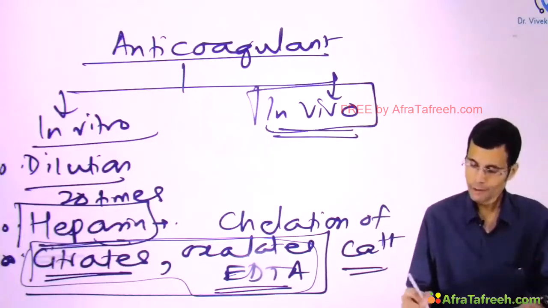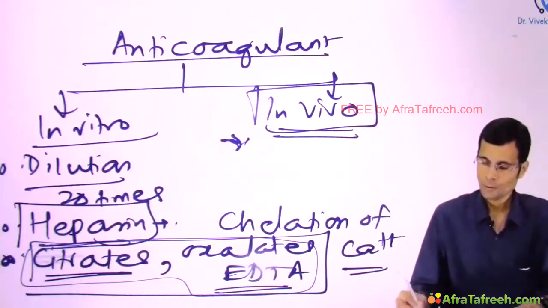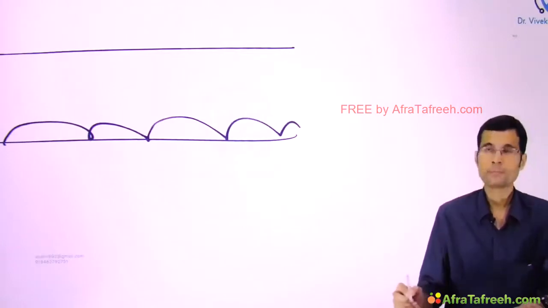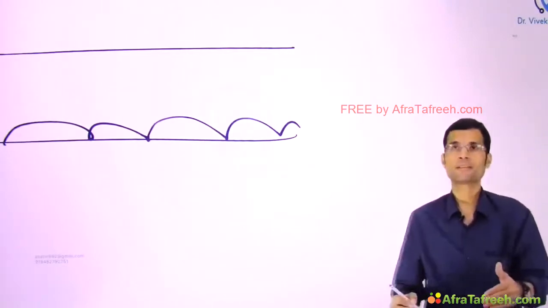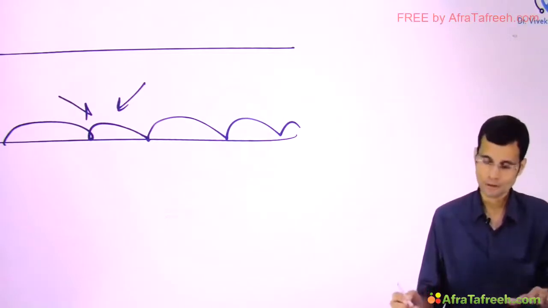In vivo anticoagulants: well, there are certain anticoagulant mechanisms. For example, the smoothness of the endothelium prevents the clotting factors from coming together and causing the clot to occur.